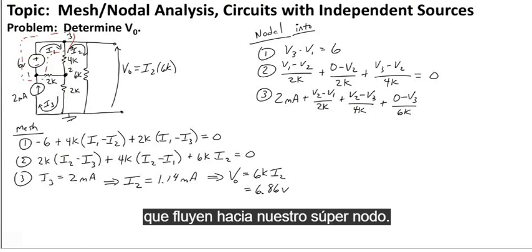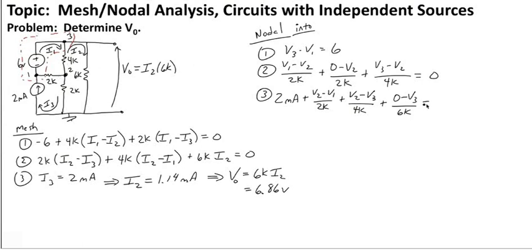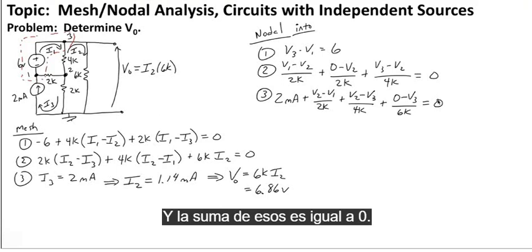And that's all 4 currents that are flowing into our supernode. And the sum of those is equal to 0.